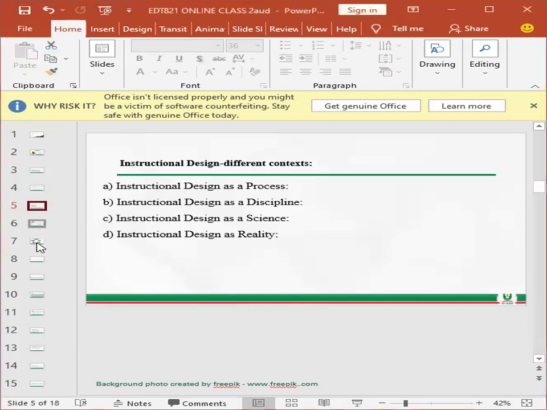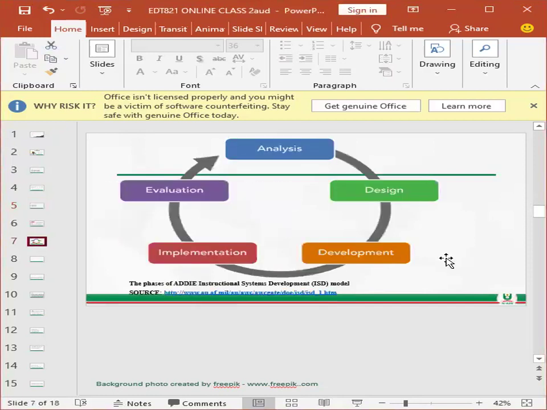Not only that, there is the instructional system design, a series of steps leading to the production of a successful training program.